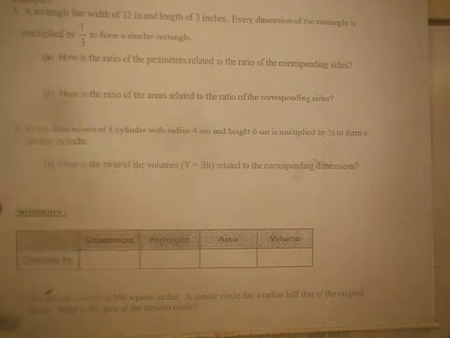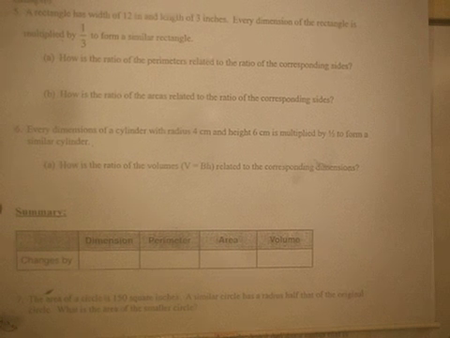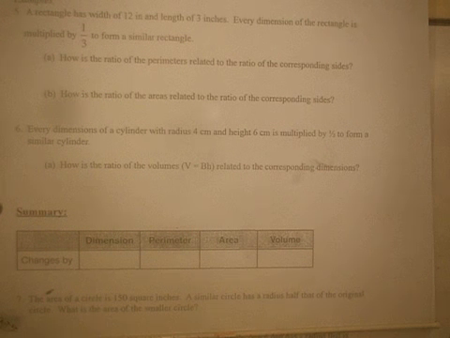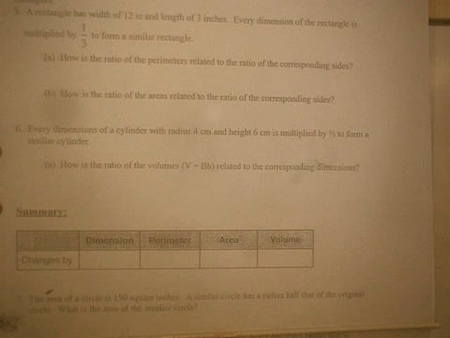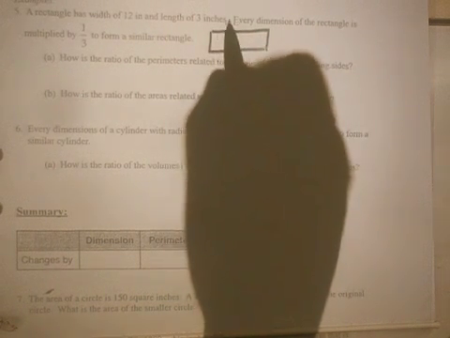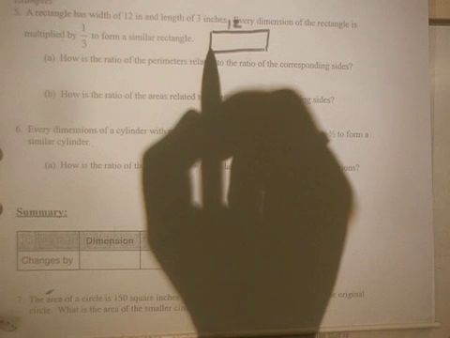Number 5 here is kind of a little bit of an investigation. A rectangle has a width of 12 and a length of 3. And every dimension of the rectangle is multiplied by 1/3 to form a similar rectangle. So this is our original one, which is 12 by 3.